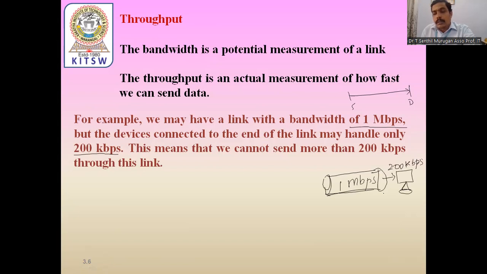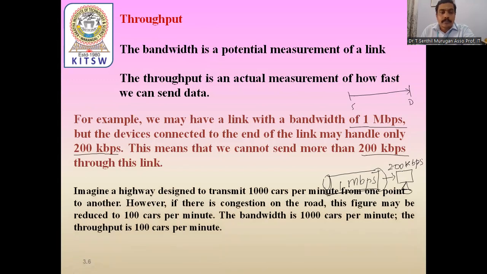This means that we cannot send more than 200 kilobits per second through this link. Even if we send more, it does not reach the destination. The bandwidth is 1 Mbps, but the throughput is 200 kbps.